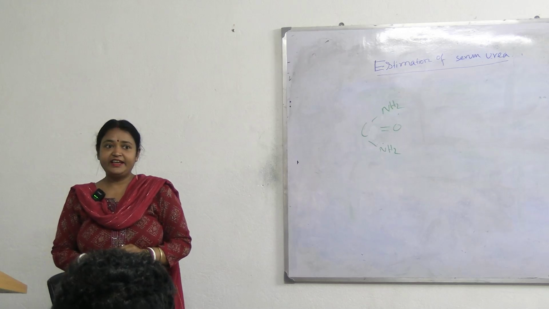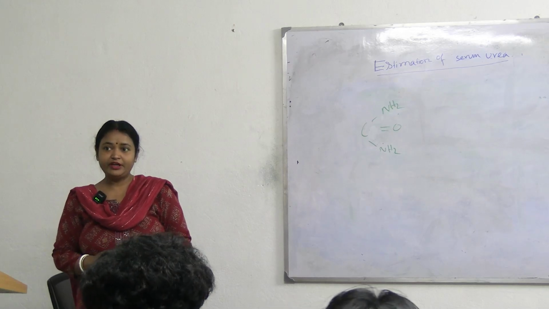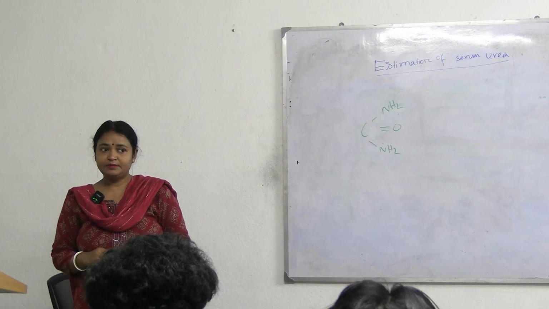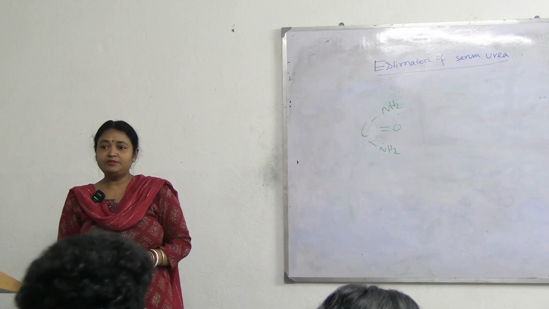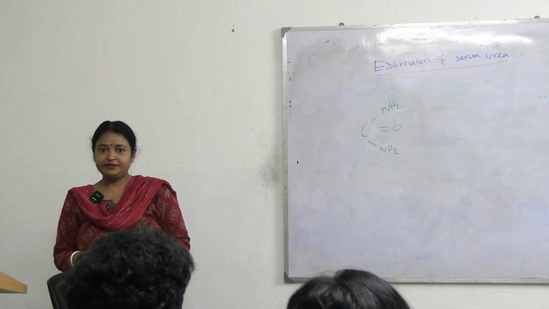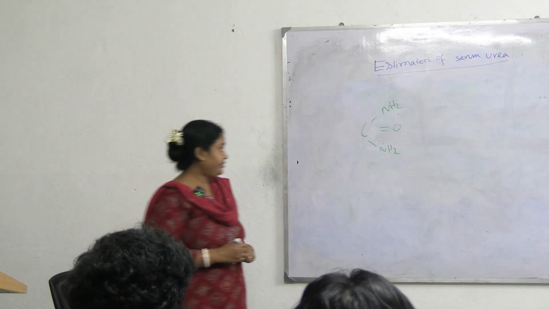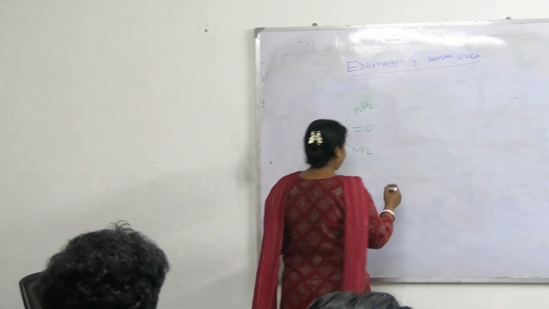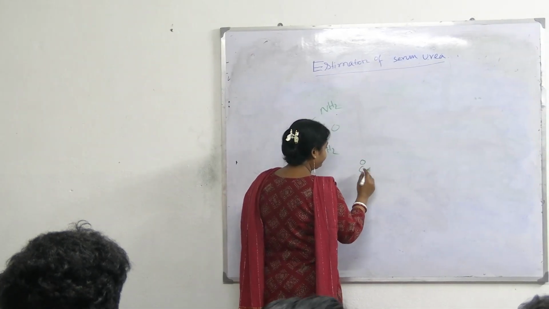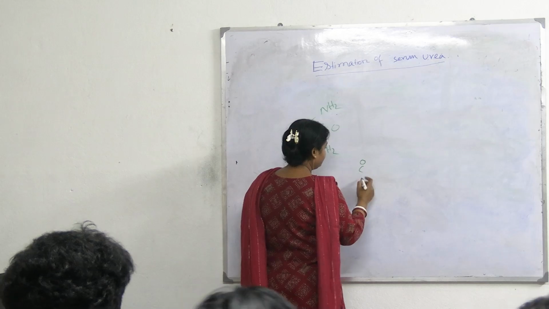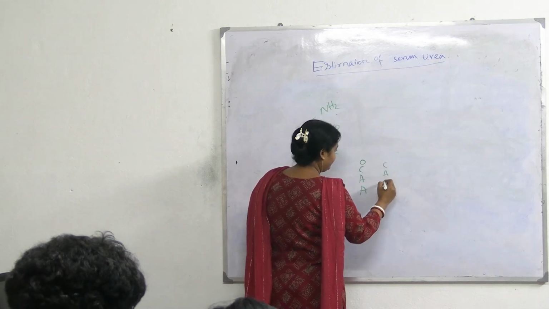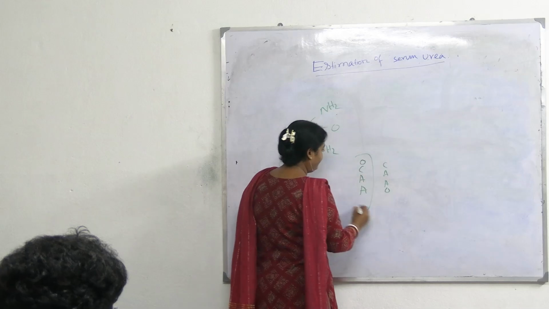The urea cycle occurs in the liver, some of the steps in mitochondria and some of the steps in the cytoplasm of the liver cell. If you remember the mnemonic, you can remember this one or this one, whatever, but I think this one will be better.